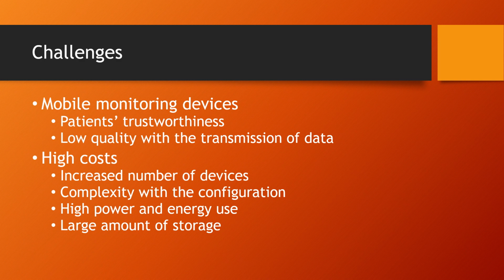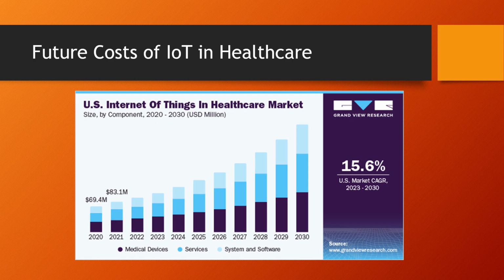And then also, because of the large amount of data that is being stored into the cloud, healthcare buildings need the highest storage they can get so they can store that data. So this picture is the future costs of IoT starting in 2020 to go into 2030.